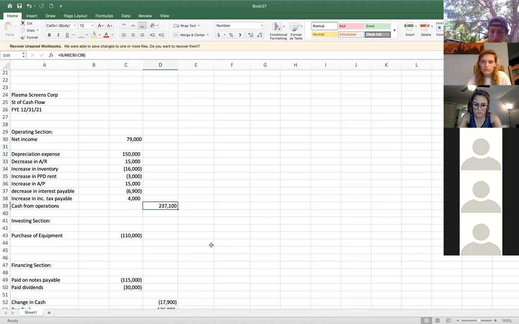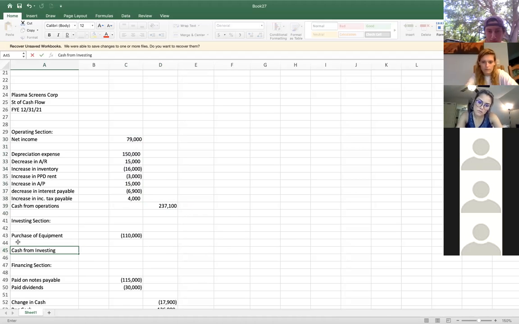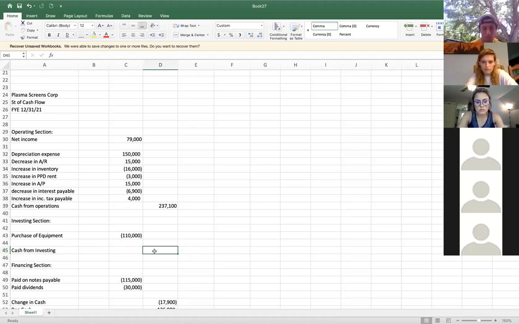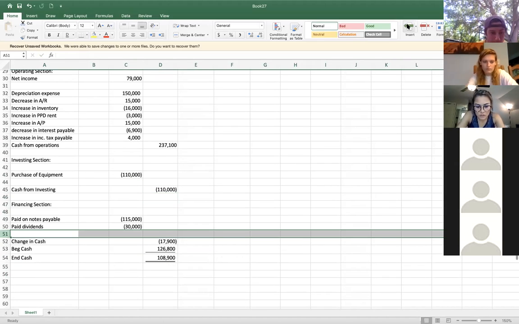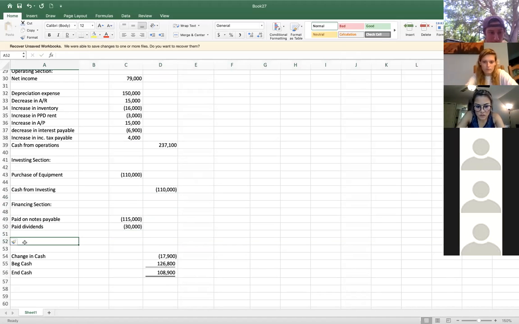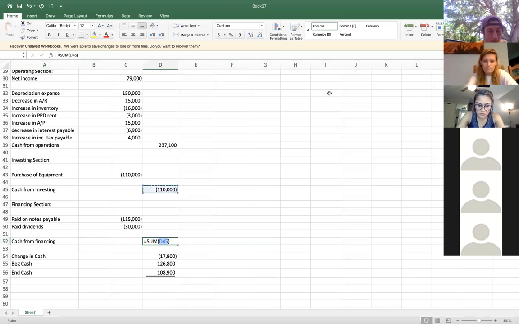So my cash from operations is 237,100. What is my cash from investing? It's going to be negative 110. Exactly, negative 110. And what is my cash from financing? Negative 145. And it is negative 145.